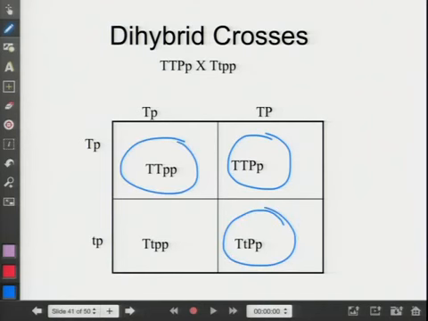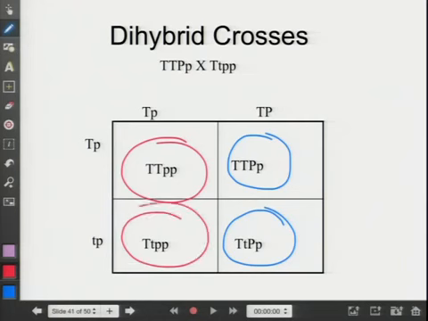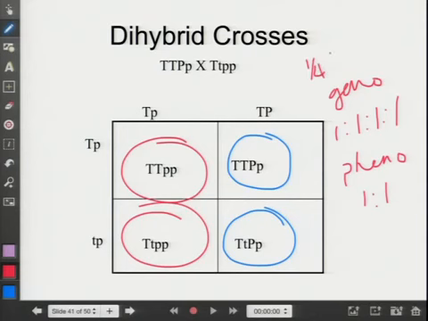This is dominant recessive. Oops, I guess I could do a different color. And this is dominant recessive. So genotypes, we'd say 1 to 1 to 1 to 1, or 1/4, 1/4, 1/4, 1/4. Phenotypes is just 1 to 1, or 1/2 to 1/2.